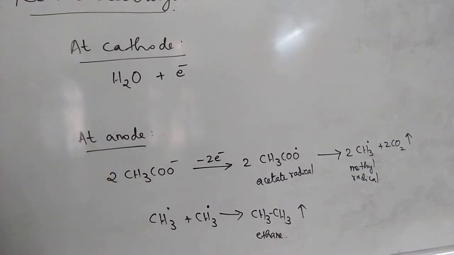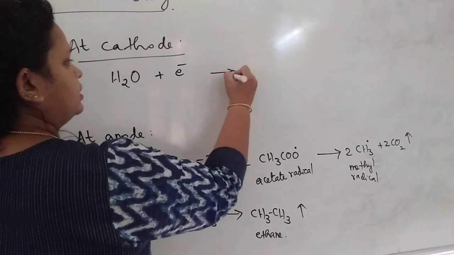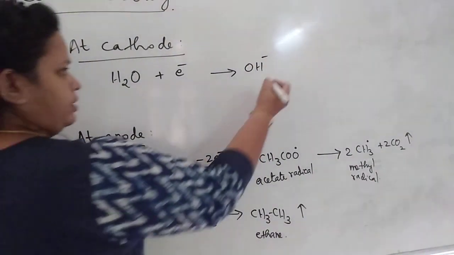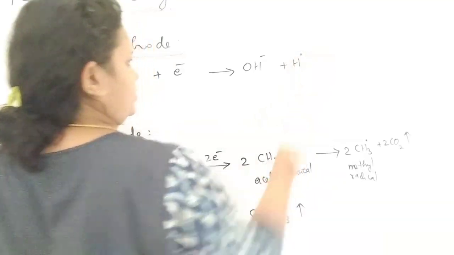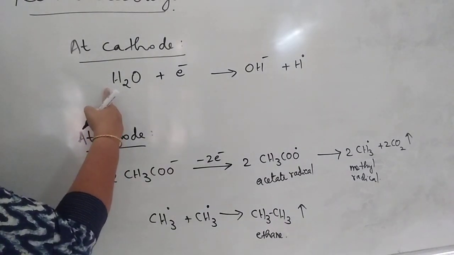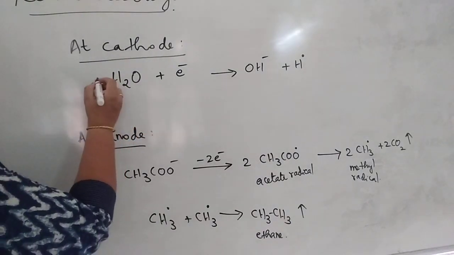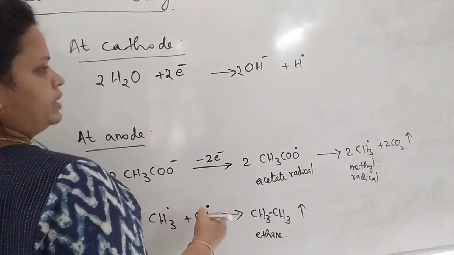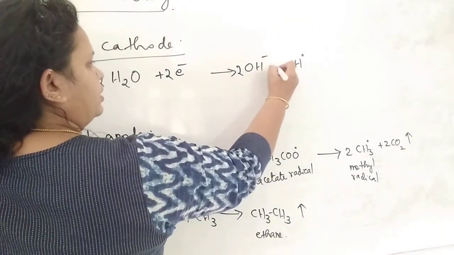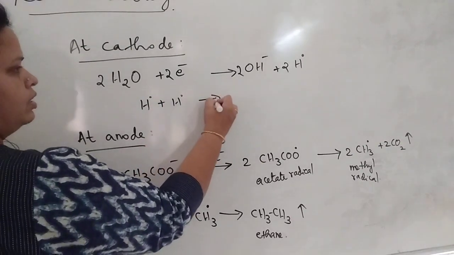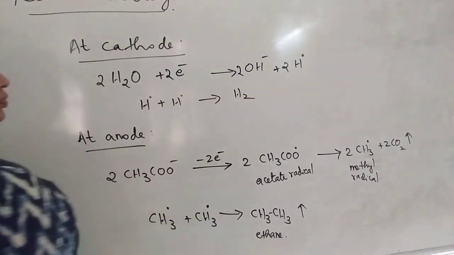The water is converted to OH minus ions and a hydrogen radical, and this is for only one water molecule. Suppose you have two water molecules: two electrons will be added, giving two OH minus ions and two hydrogens released, and these two hydrogens combine to give H2.